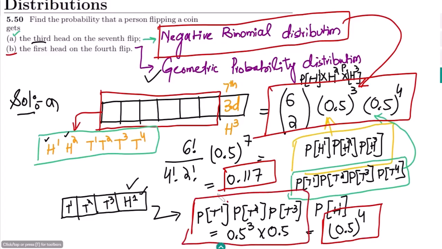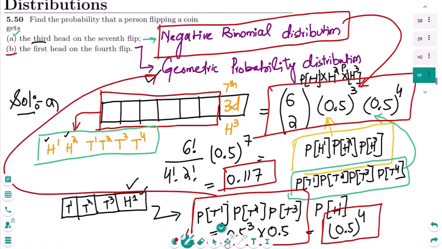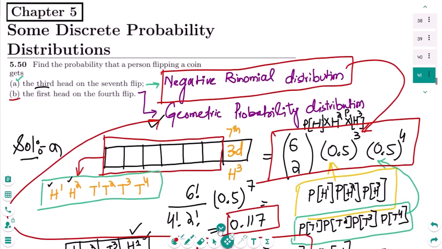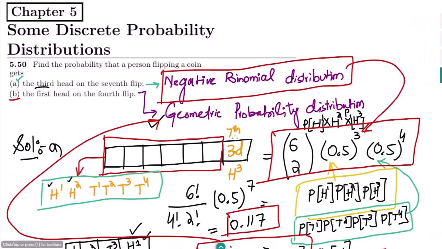In this part we have discussed the geometric probability distribution, which is the goal of my question, in which I have to discuss the difference between binomial and geometric probability distributions. So that's it for today.